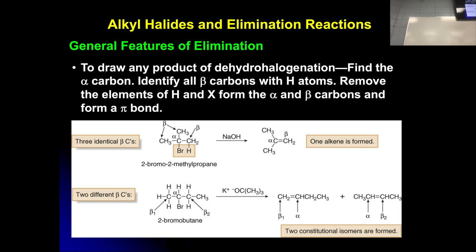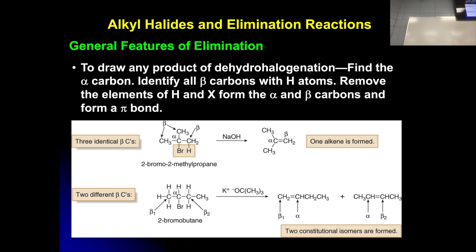The stability of the carbon-carbon double bond. Well, we're going to have to go back a couple of chapters now, right? But we learned that the more substituents that are on an alkene, the more stable it is, right? So this happens to be a terminal alkene, right?